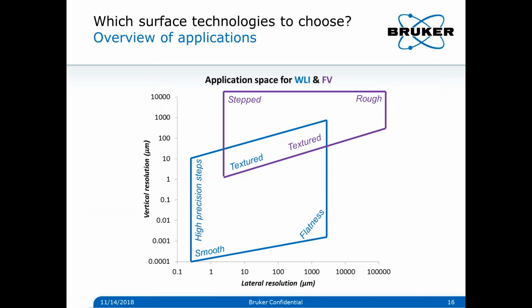To be more precise and oriented toward applications, you see the same graph with only white light interferometry in blue and focus variation in purple. So what we can see in the application space is that white light interferometry will be very much used for smooth surfaces, such as mirror-polished surfaces, metals or optics.